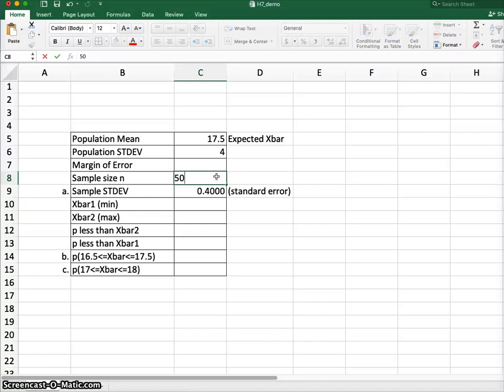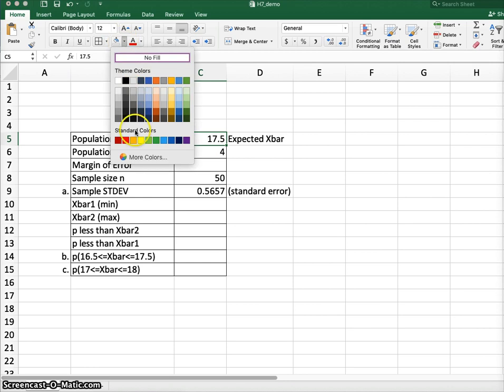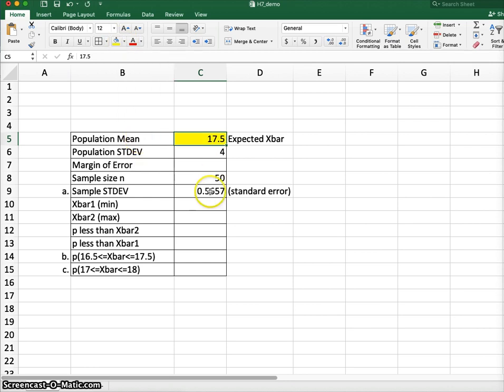Anyway, for our purposes, it's 50. Now, this is basically part A, so I'll color these yellow; that's the answer to part A.